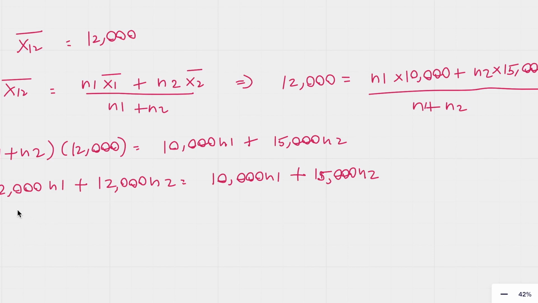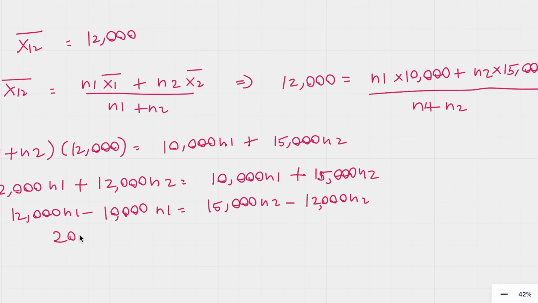Let us further simplify this. 12,000 n1 minus 10,000 n1 is equal to 15,000 n2 minus 12,000 n2. We get 2,000 n1 equals 3,000 n2.